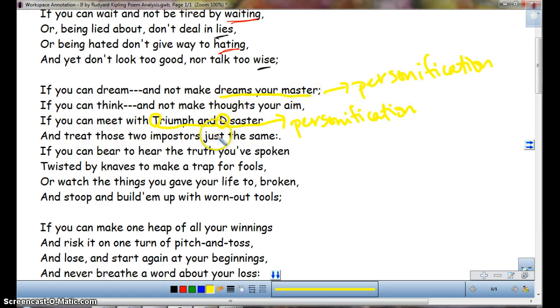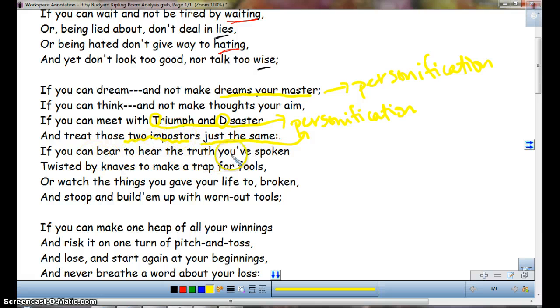He is capitalizing these as proper nouns just like we would the name of a person, and "treat these two imposters just the same." Again, all of this works together. So triumph and disaster got capital letters, making them people, and he's calling them imposters.